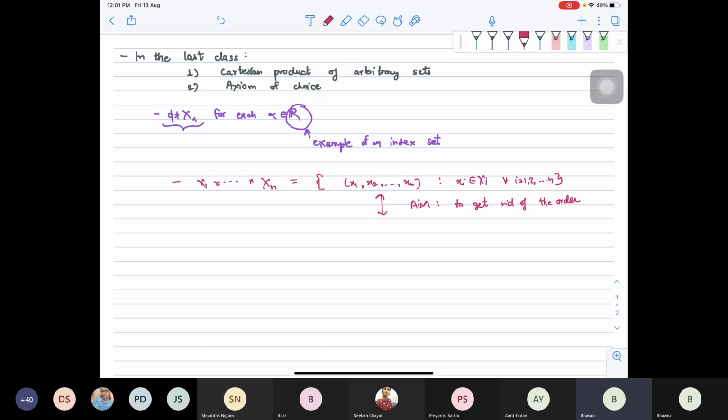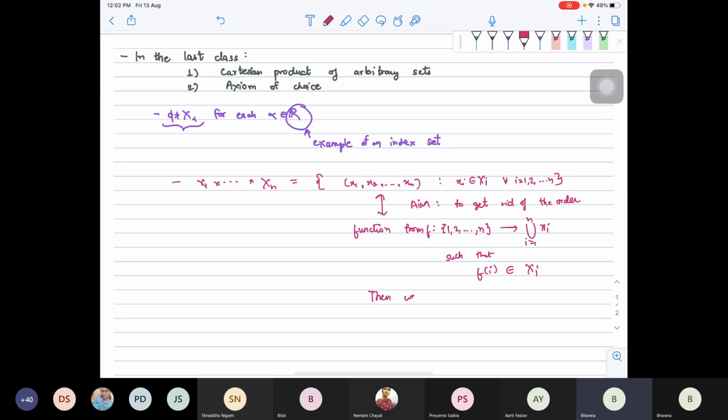Because we wanted to get rid of the order, so we identified each such tuple as a function from 1 to n to union of xi such that, say if f was the function, so f of i should belong to capital Xi.